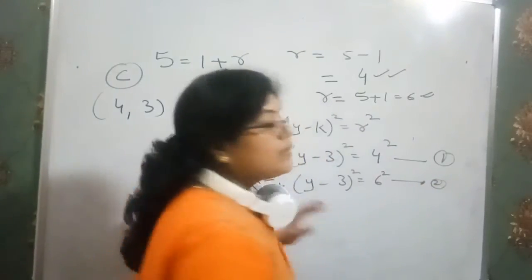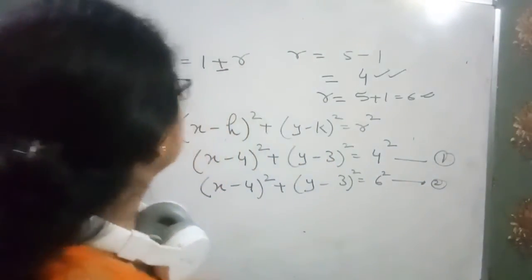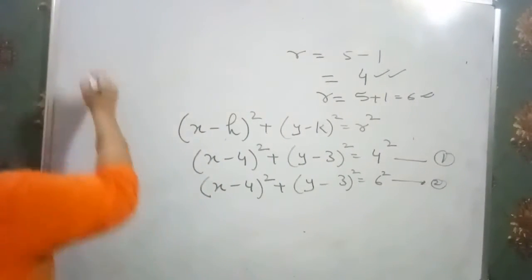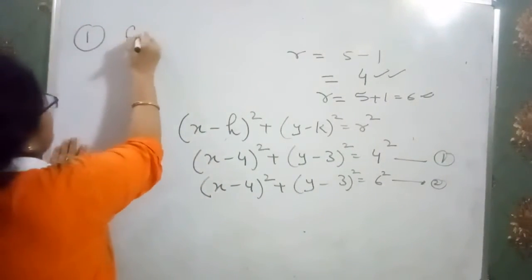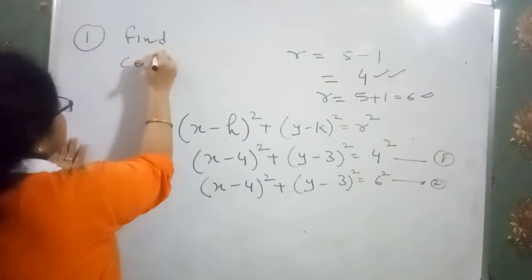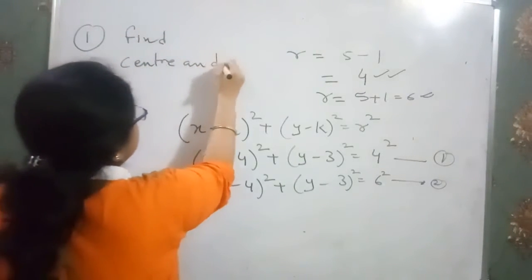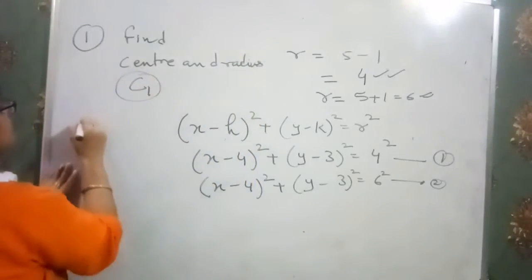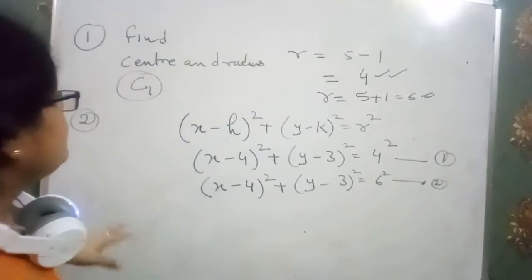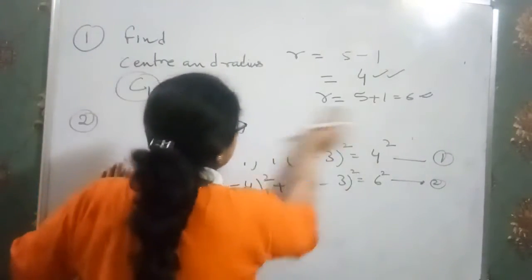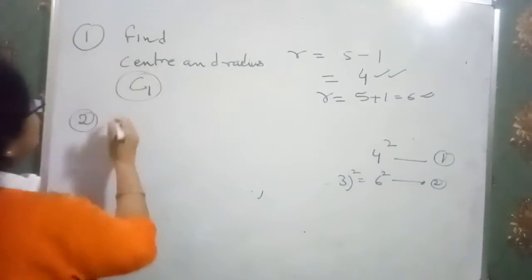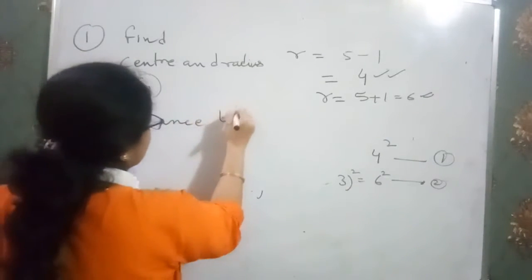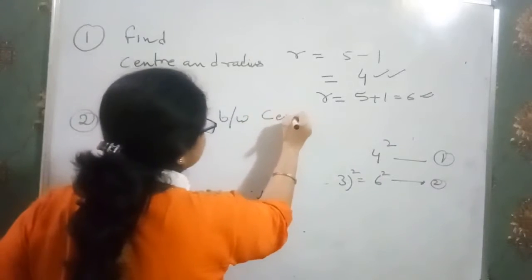So what steps do you follow in order to solve these types of questions? First step is to find the center and radius of the circle which is given, that is of C1. Second step is to find the distance between the centers.